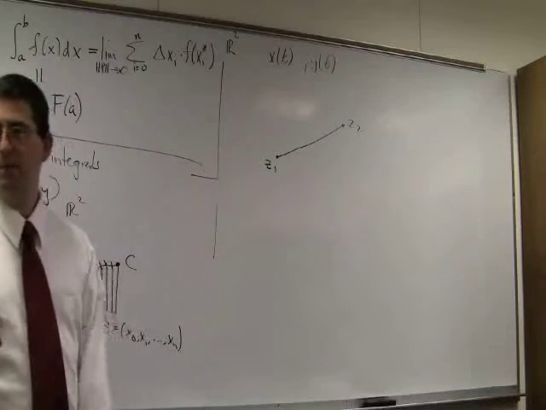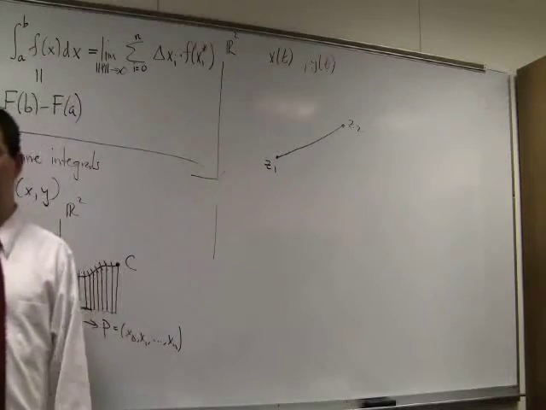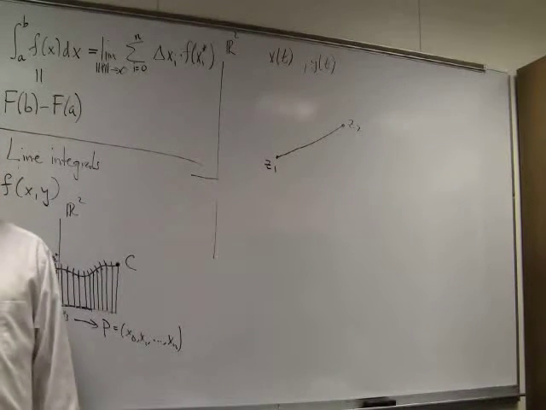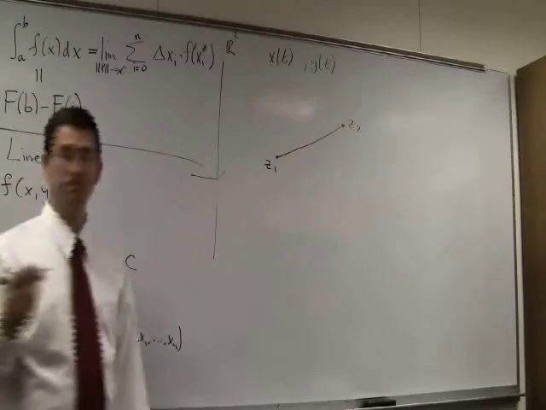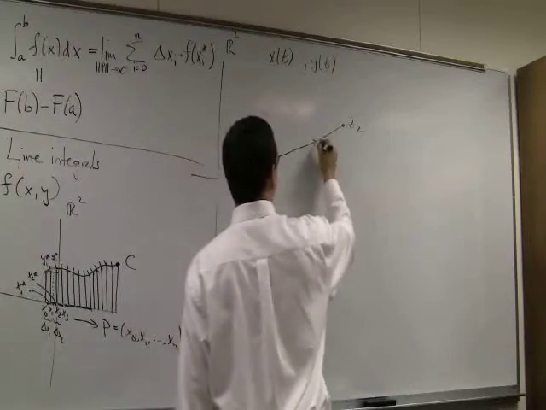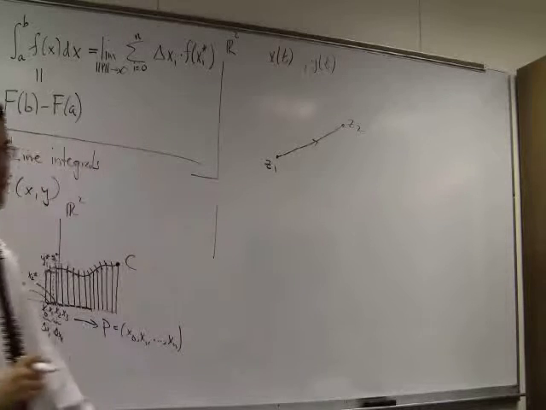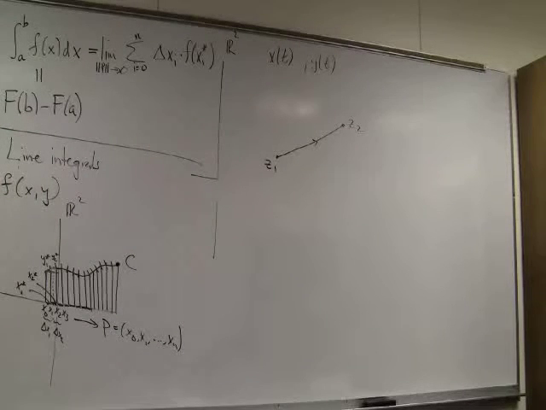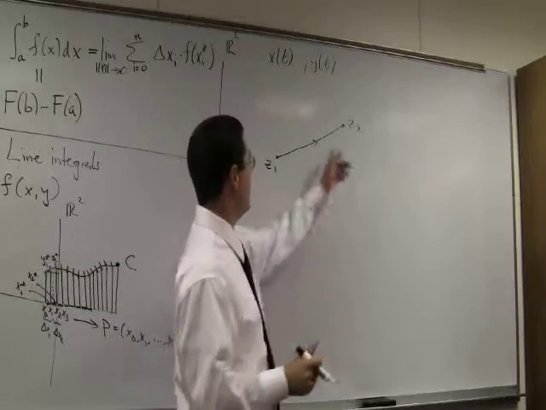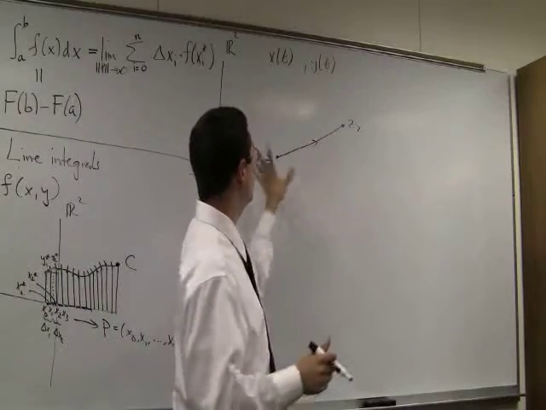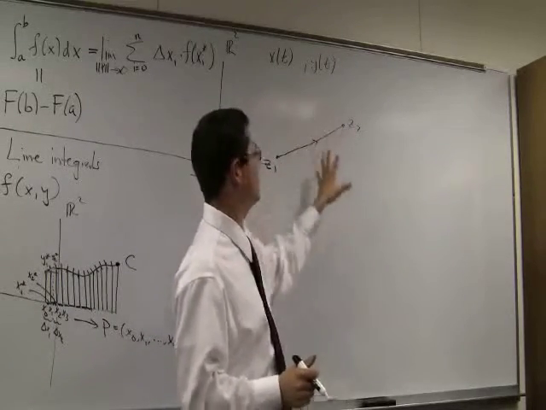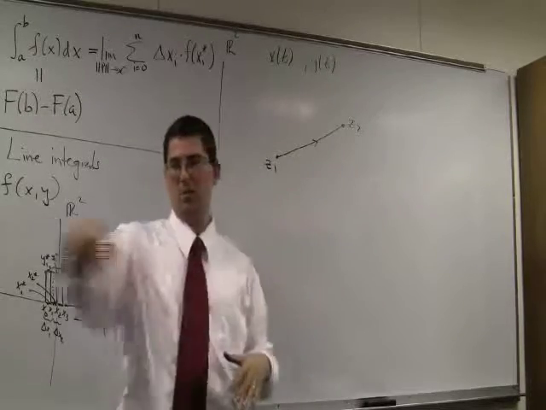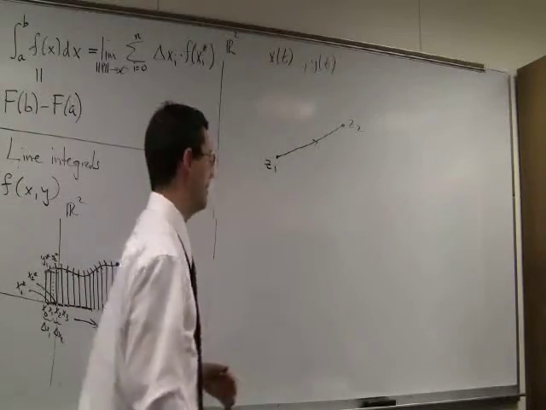And I'm going to give what I'm going to call an orientation to the line segment. An orientation here is going to be a direction. We're going to go from Z1 to Z2. You can imagine somebody having to draw this. And so the question is, how can we write down the equation of this line in terms of, say, the time it takes you to go from Z1 to Z2?